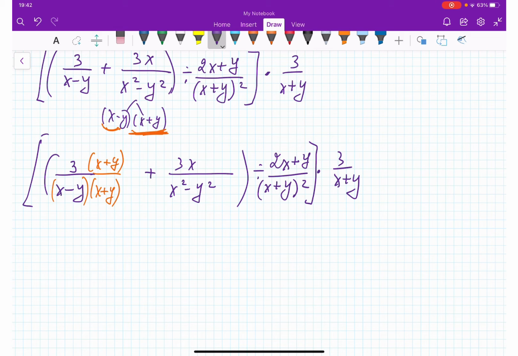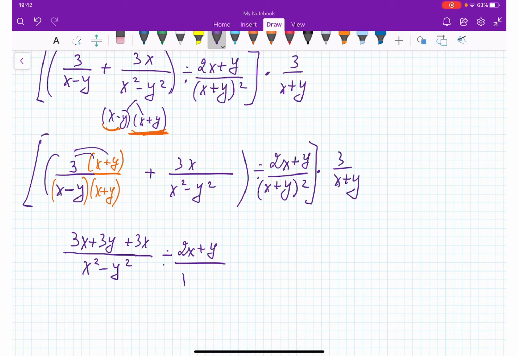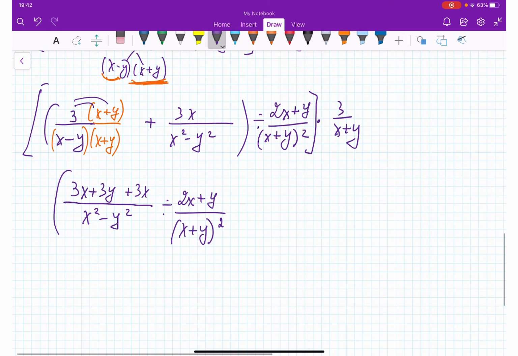And as a result, we are going to get x squared minus y squared, and 3x plus 3y, right, distributing, and plus 3x divided by 2x plus y over x plus y squared. Now I can drop square brackets and use only parentheses because that will work pretty good. And times 3 over x plus y.